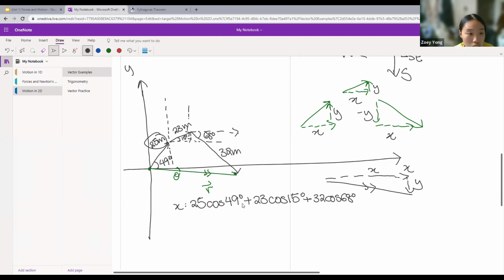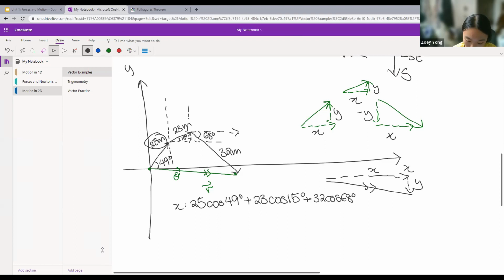And now we have 23 times cosine 15. And then plus another one, 32 times cosine 68. And that will give us 50.6.